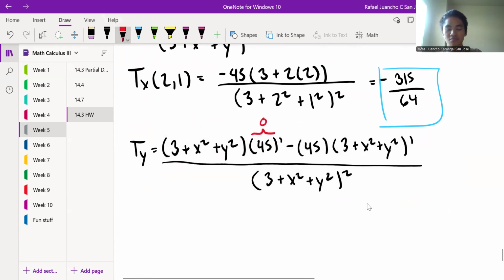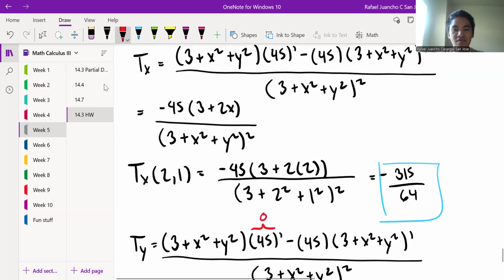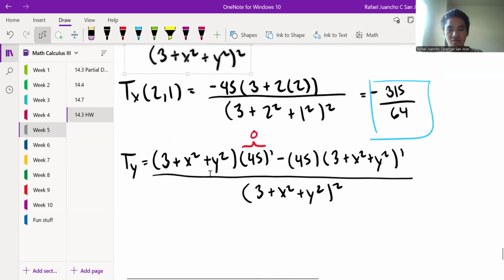This is just a 0. This one, here we treat x as a number. And so we have 3 plus 2y. Yeah. So we basically have this, but instead of x, it's y.